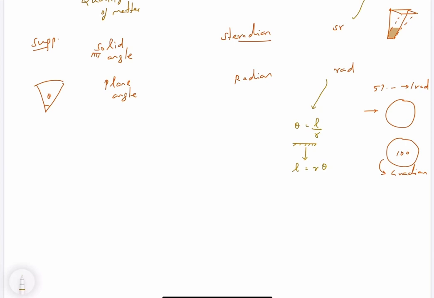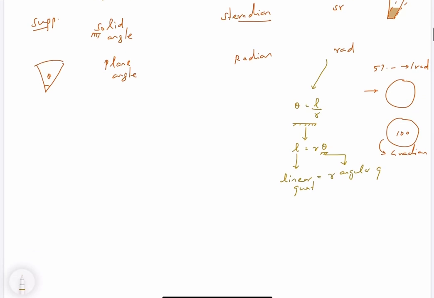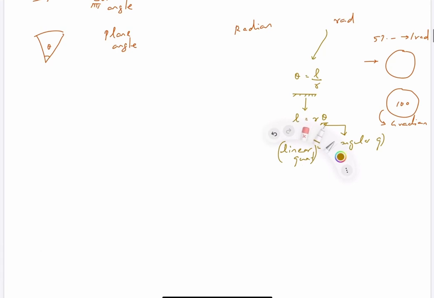And this also forms the basis for system of particles in rotation, where this is the linear quantity and this is the angular quantity. It is R into the angular part. Similarly, what is the linear part? Maybe we'll write velocity. R into what is the angular part?